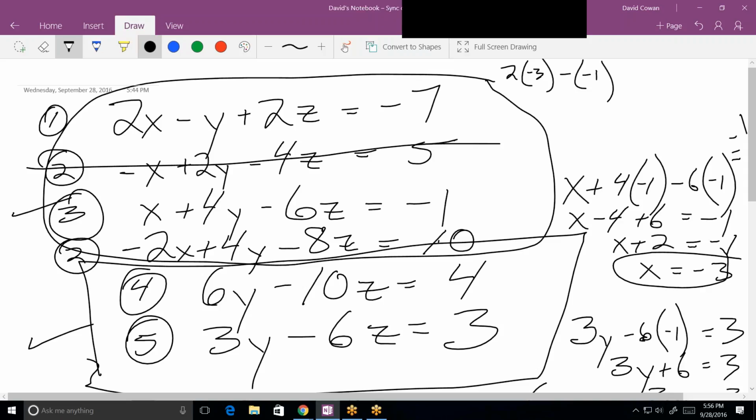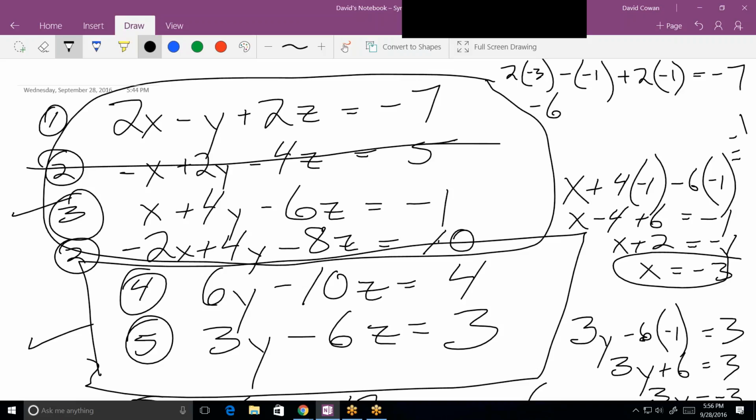Very important, do not drop negative signs. In other words, you should always write it out exactly like this to begin with. Don't try to do two steps in your head at once, because that's how you end up dropping negative signs. Real easy to drop negative signs in math.